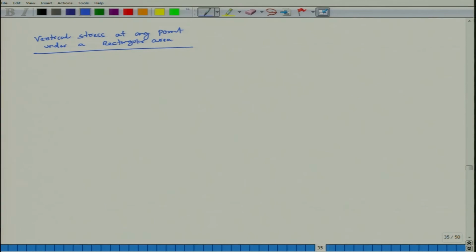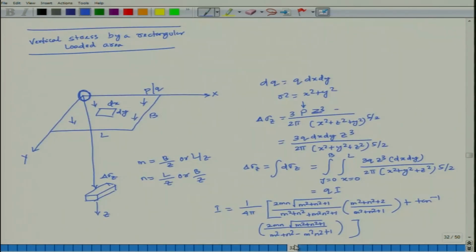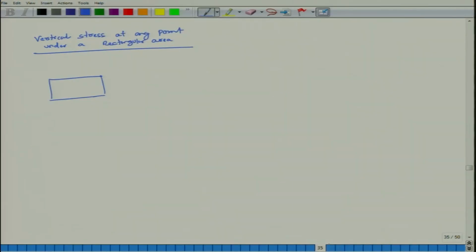Any point under a rectangular area means, if this is my rectangular area, generally what we have done earlier, if you go back to here, it is at the corner. So, it is not necessarily always at the corner.